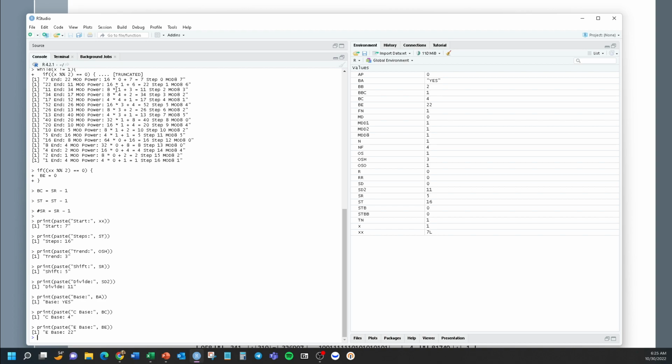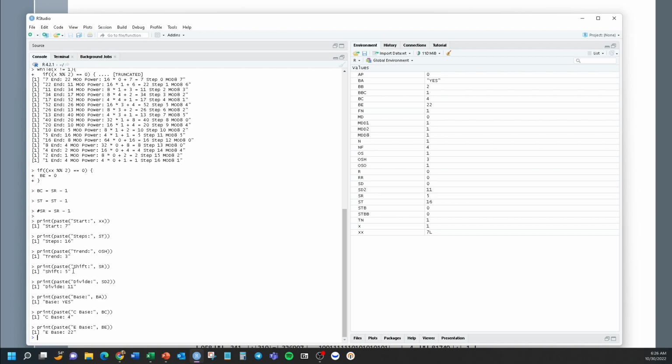It's going to tell me the correct power position of that number, and that I'm starting at the number 7. There's 16 steps. The trend is 3, so the highest cycles going up is 3. I do 5 shifts and 11 divides.